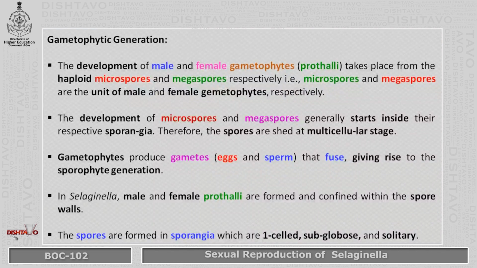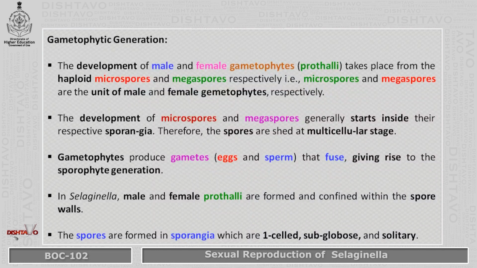The development generally starts inside their respective sporangia. Therefore, the spores are shed at a multicellular stage. Gametophytes produce gametes, eggs and sperms, which fuse, giving rise to the sporophyte generation.